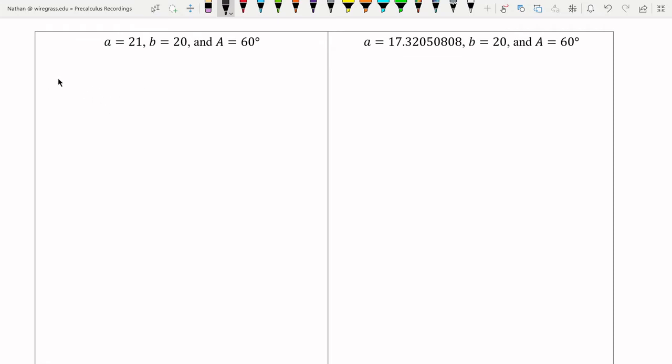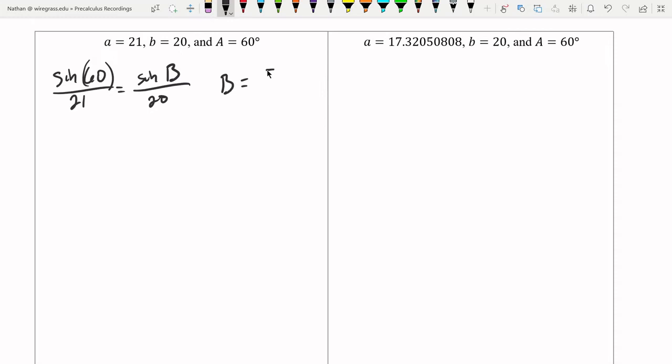Now, let's use law of sines. So I'm going to do sine 60 over 21 equals sine b over 20. Okay, that means b equals, I'm going to multiply over by 20 and then take the inverse sine.